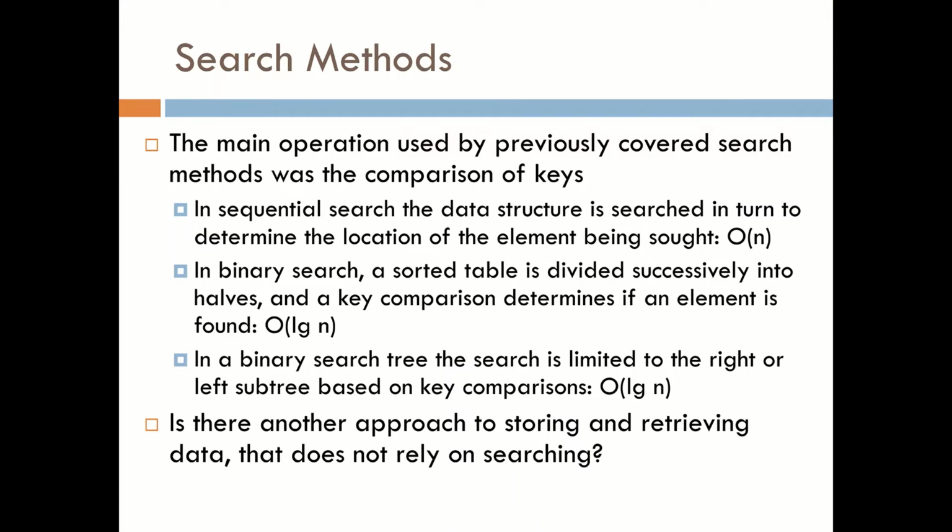And so as a result, we don't have to search through everything, but we either search to the left or to the right. Now, the question remains whether there's another approach to storing and retrieving data that actually does not rely on searching through the data that is already in the container, table, array, linked list, etc.